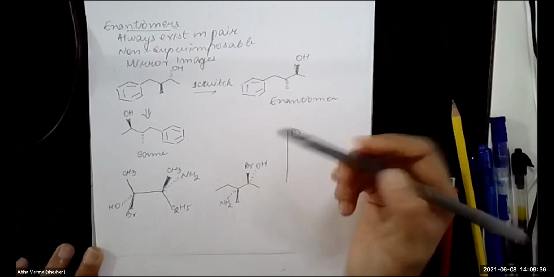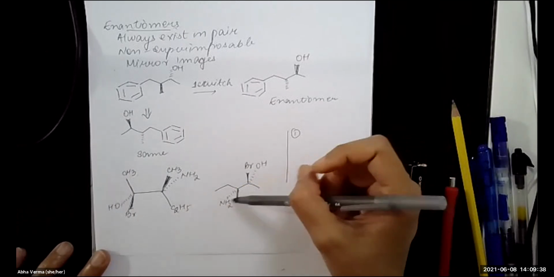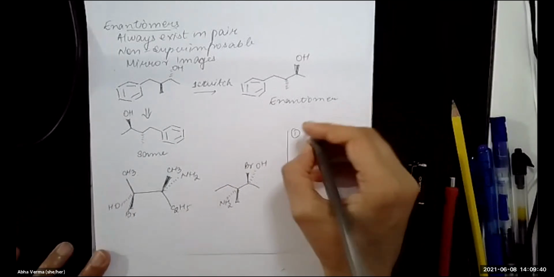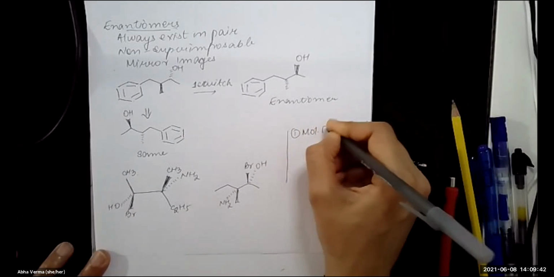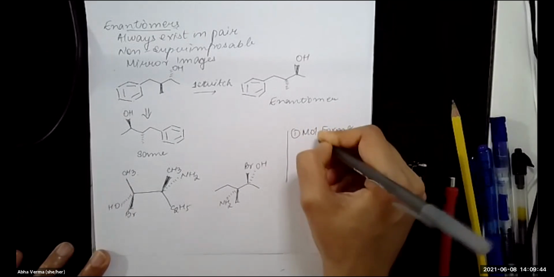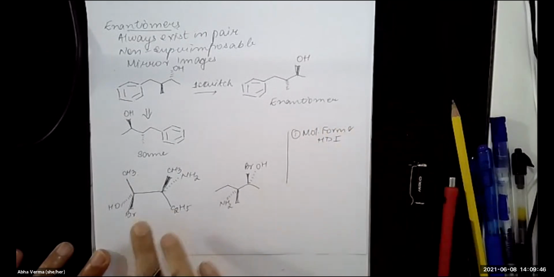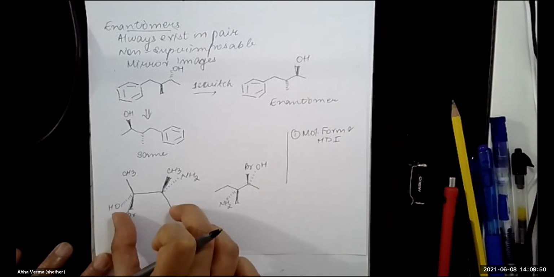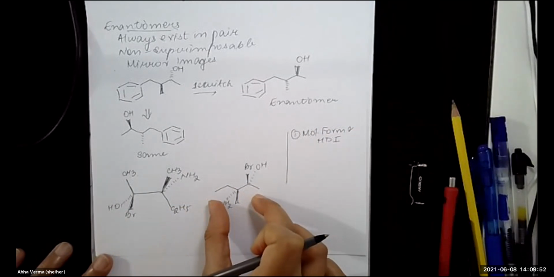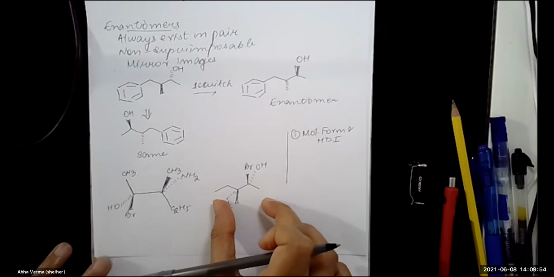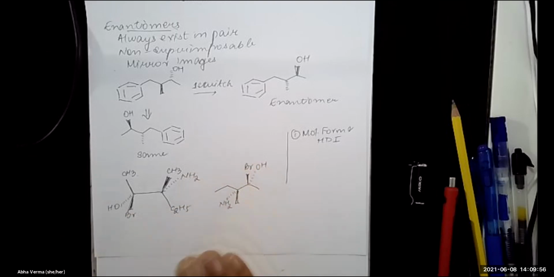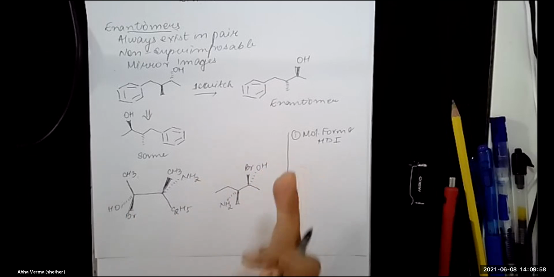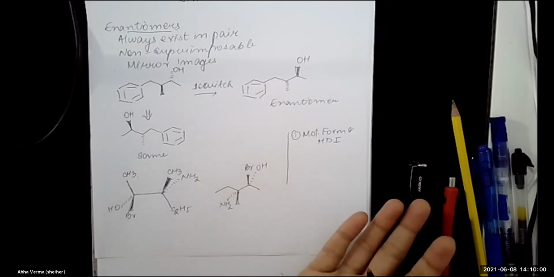The first thing that you must do whenever you're asked to figure out relationships is to know the molecular formula and HDI of both the molecules. What is the molecular formula for this? What is the HDI for this? What is the molecular formula for this? What is the HDI for this? If both of those things are exactly the same, you know you have a stereoisomer.